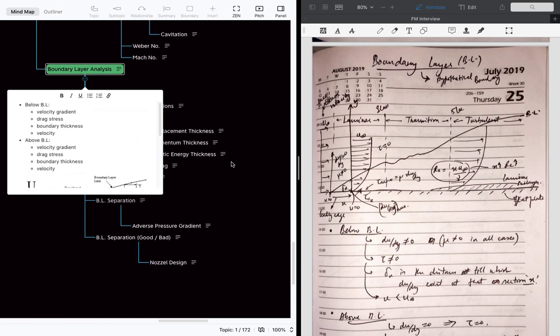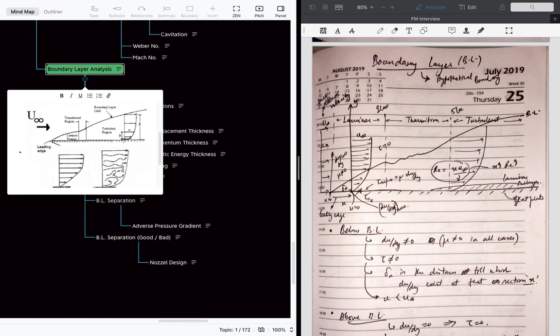From this picture you can see that this line represents the boundary layer. Let's say the flow starts from here at this point, and it has a free stream velocity u alpha, and it passes over a flat plate. As we know, for laminar flow the Reynolds number for a flat plate should be less than 3 lakhs, and for turbulent flow the Reynolds number should be more than 5 lakhs.